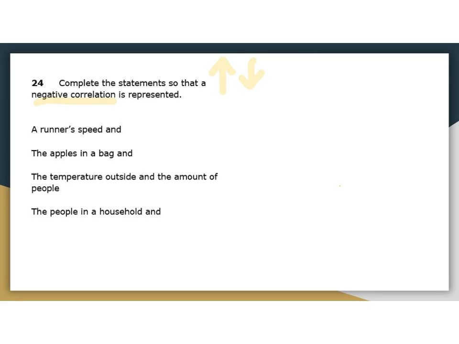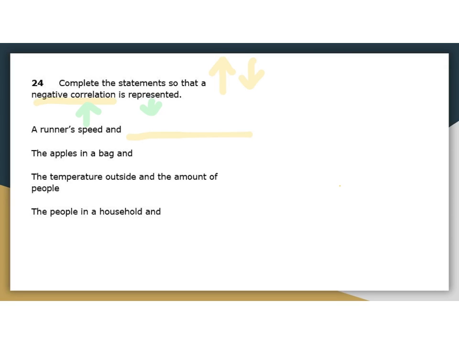So in this first question, it's talking about a runner's speed, and the left is up for us to answer. So when you think about this, as somebody runs faster, in turn, what's going to happen? That would go down.